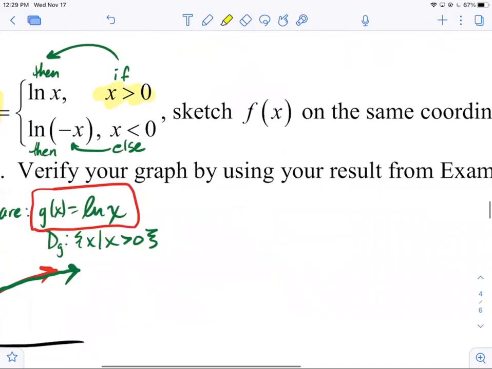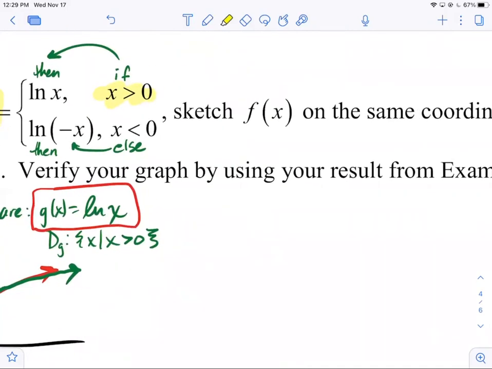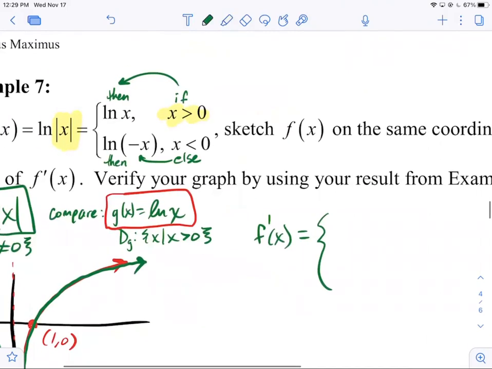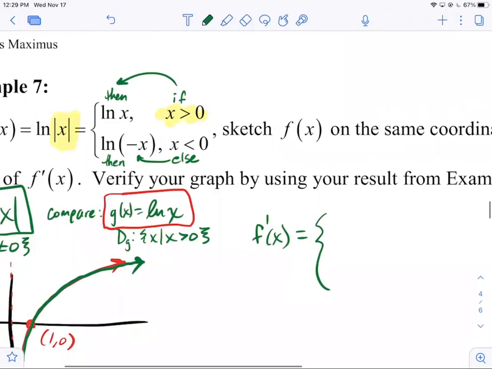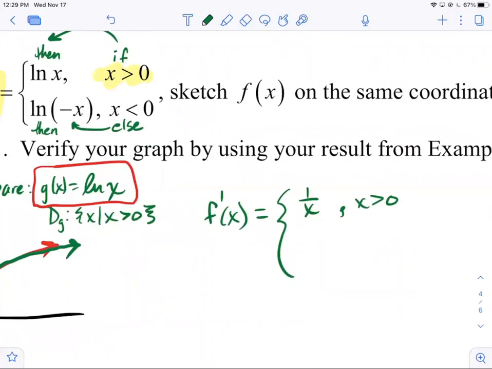All right, now I can find the derivative. Let's find the piecewise derivative. So f prime of x is going to be, well, we'll just take the top piece. What's the derivative of the top piece, natural log of x? 1 over x. So it's going to be 1 over x when x is greater than 0. And now by the chain rule, the derivative of the natural log of -x. Well, that's the natural log of blob.